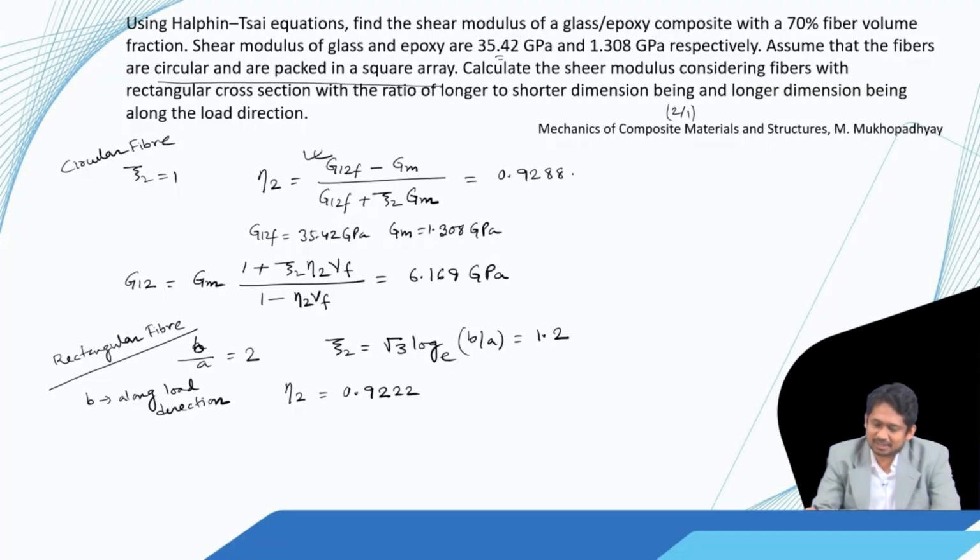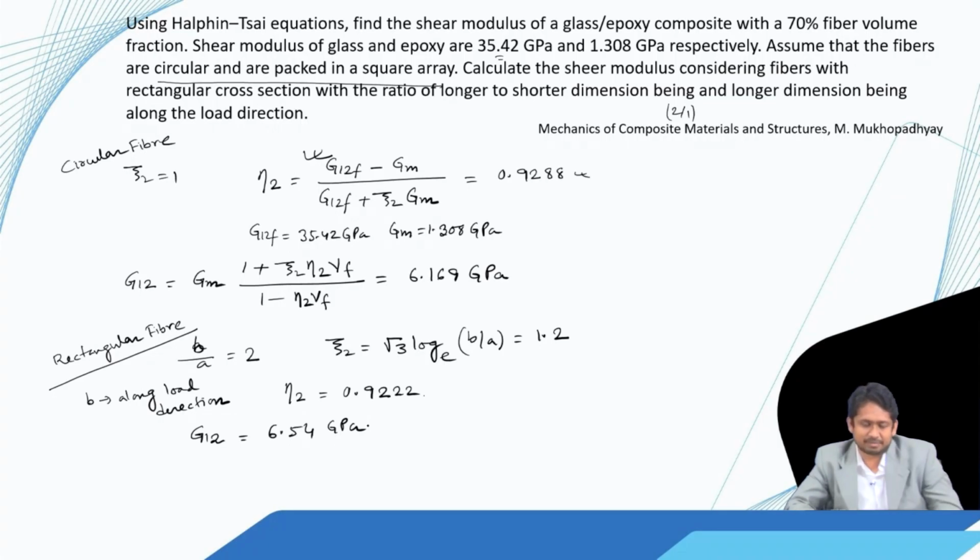So, there is no significant change in eta 2 based on the arrangement. Now, we can find out G 12, and this becomes 6.54 GPa. So, with circular fiber G 12 was this, and with rectangular fiber this is this.